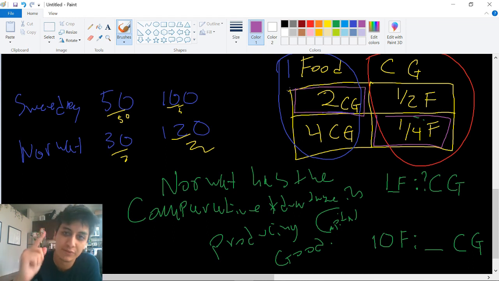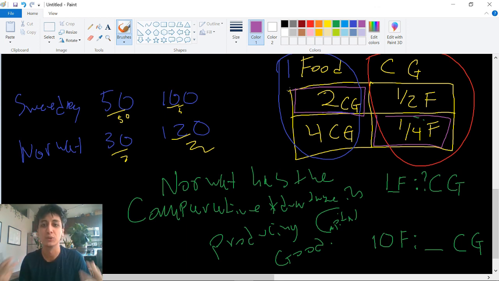For every 1 food Sweden is producing, they are losing 2 capital goods. It's the opportunity cost, but it's easier to visualize if you say they are losing 2 capital goods. If they are losing 2 capital goods, that means they want more than 2 capital goods when they trade. If they are trading and receiving 2 or less capital goods, there's no point to the trade.